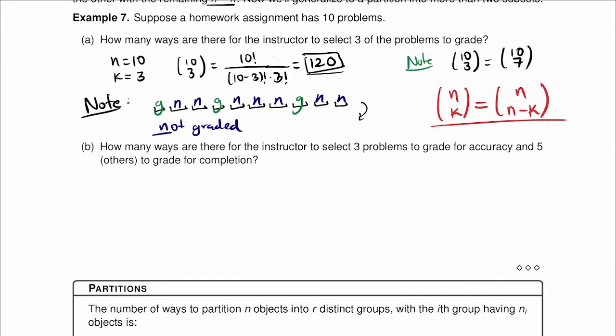How many ways are there for the instructor to select 3 problems to grade for accuracy and 5 others to grade for completion? Sorry. We have the same 10 possible problems.